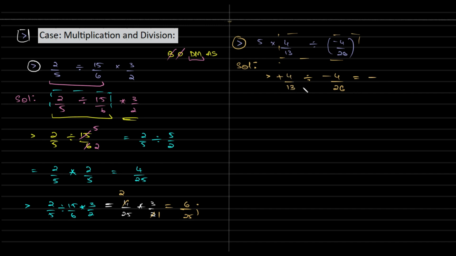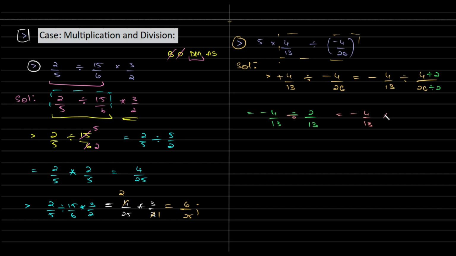Then can we simplify this further? No, 4 by 13. Can we simplify this further? Yes, we can, and the common HCF is 2. So let me divide both the numerator and denominator by 2. So this will give us negative 2 by 13 divided by... 4 divided by 2 is 2. 26 divided by 2 is 13. And next we have negative 4 by 13.